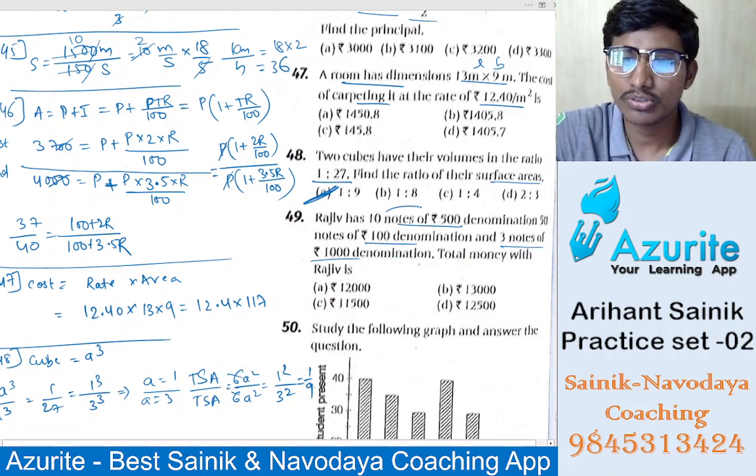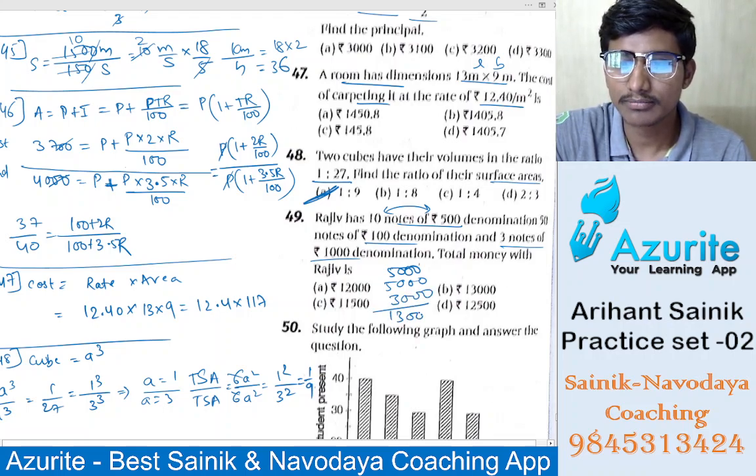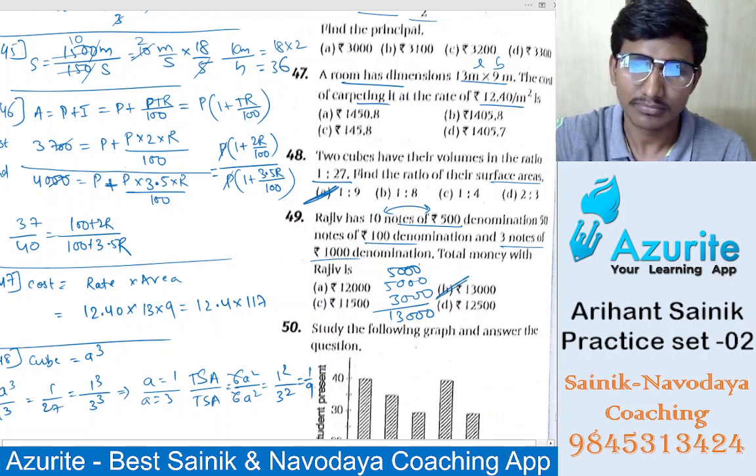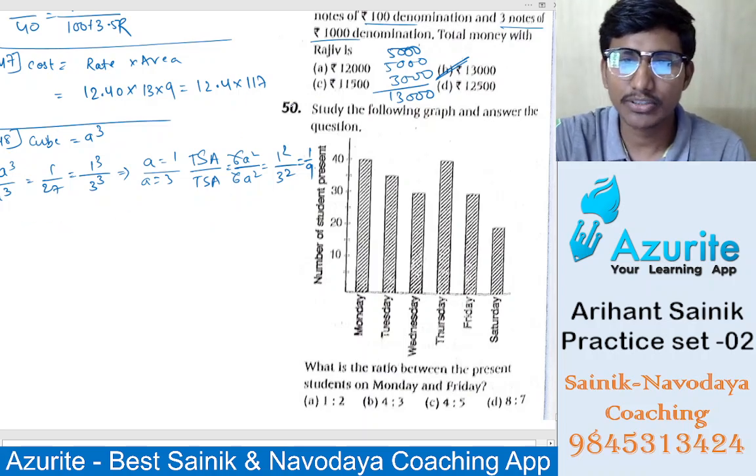So 10 into 500, 5000, and then 50 into 100, 50 into 100 is how much? 5000. And 3 notes of 1000, that is 3000. So it will be 10,000, 13,000 total. 13,000, option B, sir. Okay.